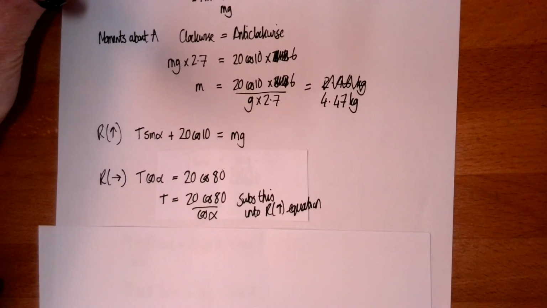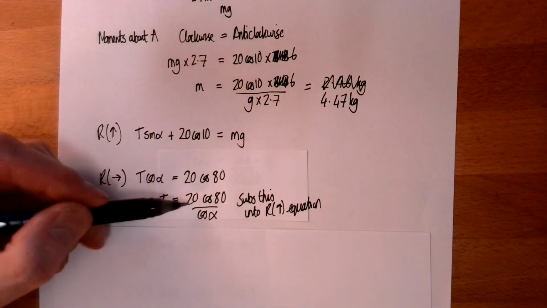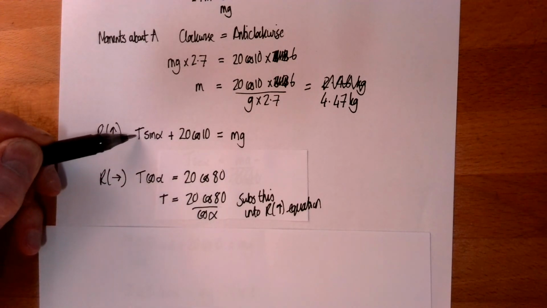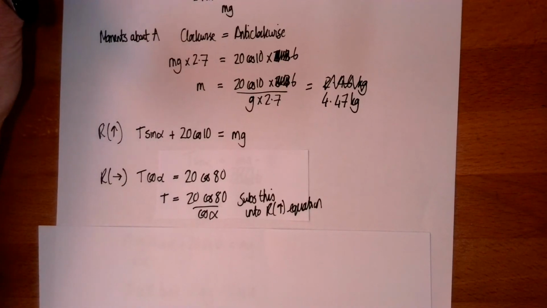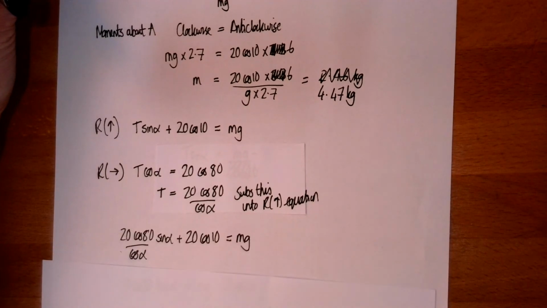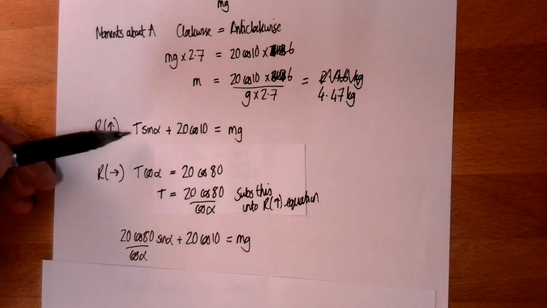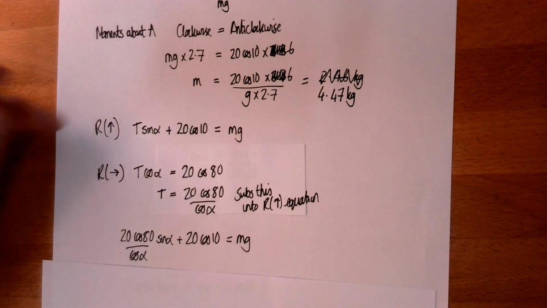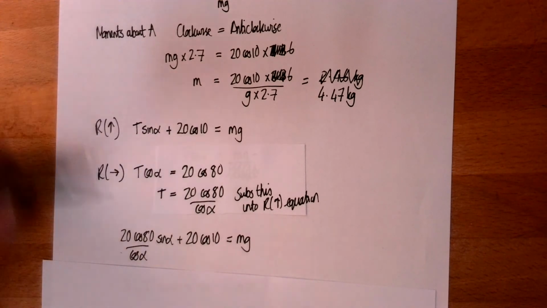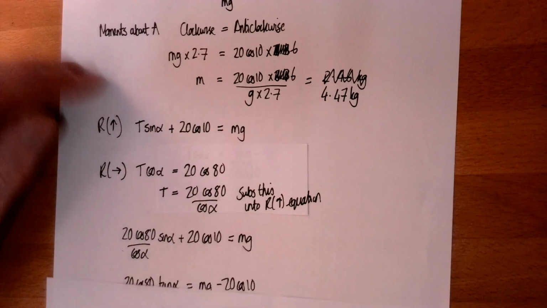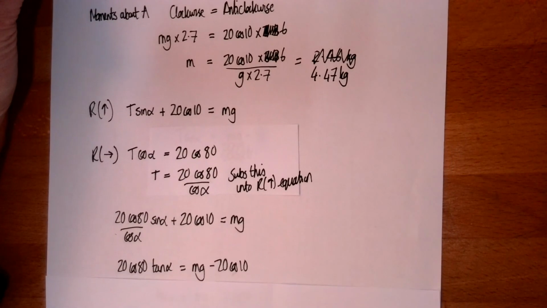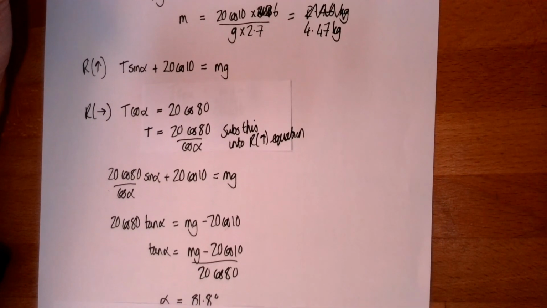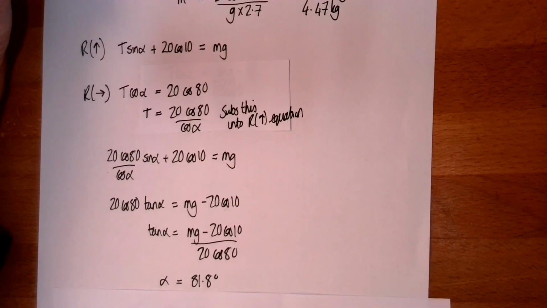And what I can then do is take that T equals equation and substitute it in here. And you might see what's coming now. So I rewrite that equation, replacing T with 20 cos 80 over cos alpha. And here I've got a sine divided by cos, so it becomes a tan, and then it's just algebra, shifting tan alpha to get the answer.